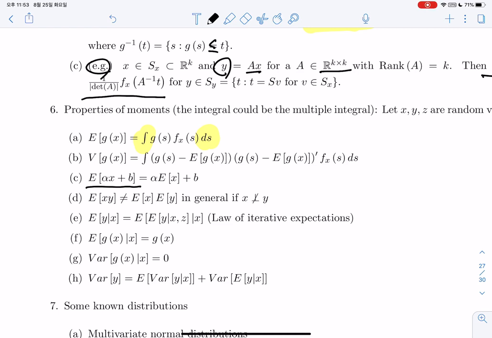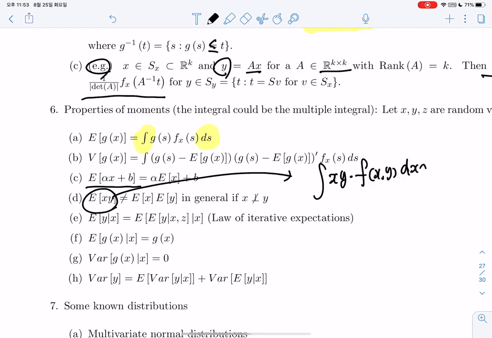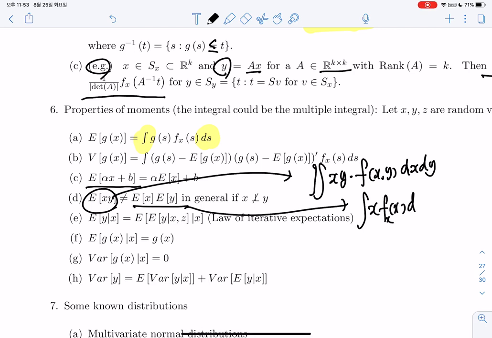So, okay, and the expected value of x times y, which is what? This one is the integral of xy times fxy dx dy. That's what this is. And what is this? This is the integral of x fx dx times the integral of y fy dy.